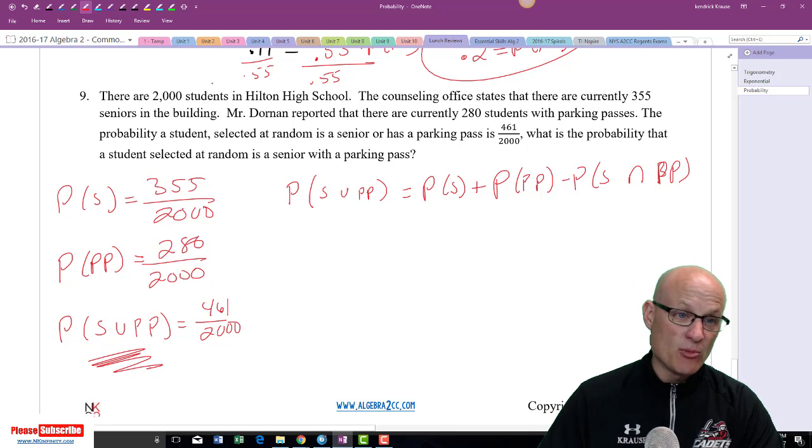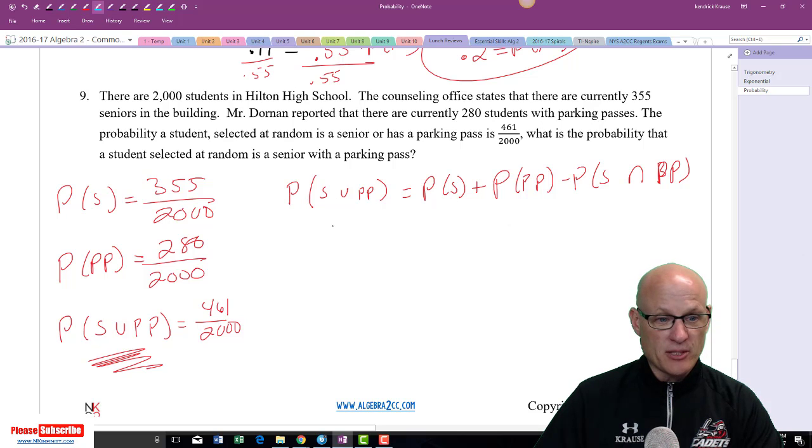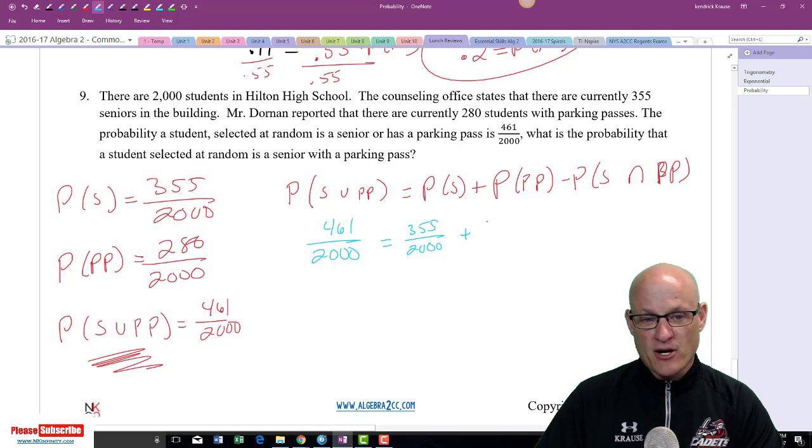All right, almost done. Get all the hard part done. Probability of senior or parking pass is 461 over 2 grand. The probability of senior is 355 over 2 grand. Plus the probability of parking pass, which is 280 over 2 grand. So the only thing I don't know is the probability of S and parking pass.